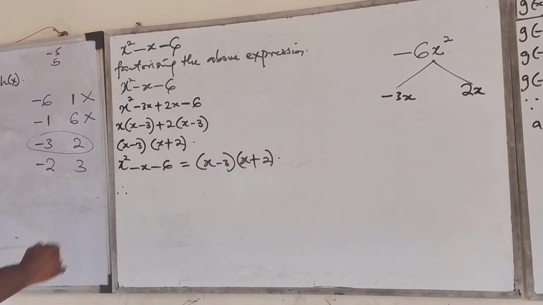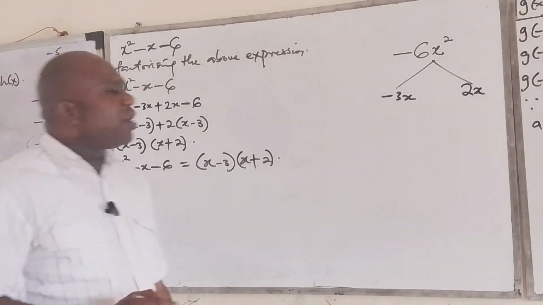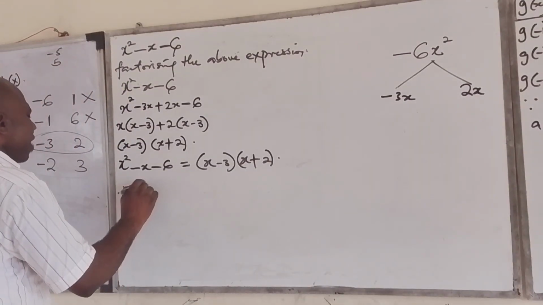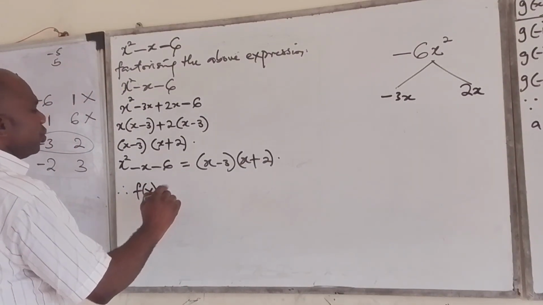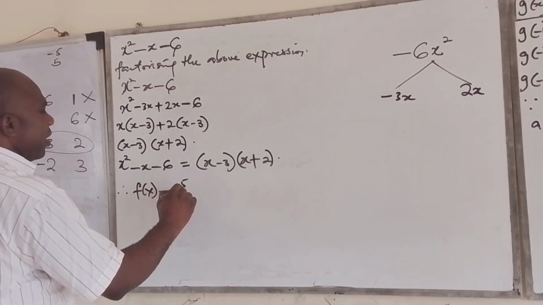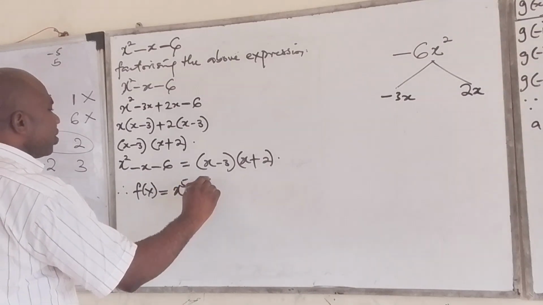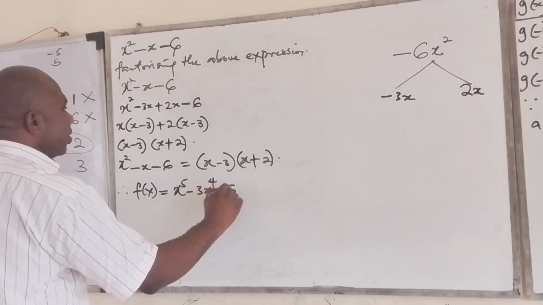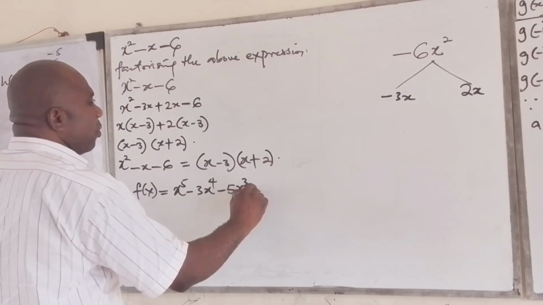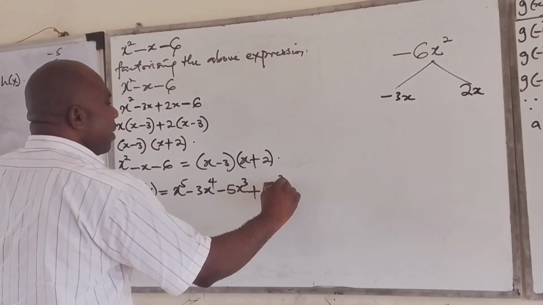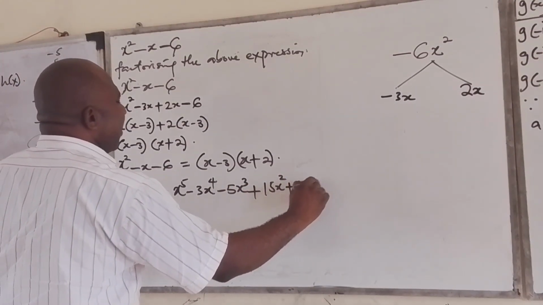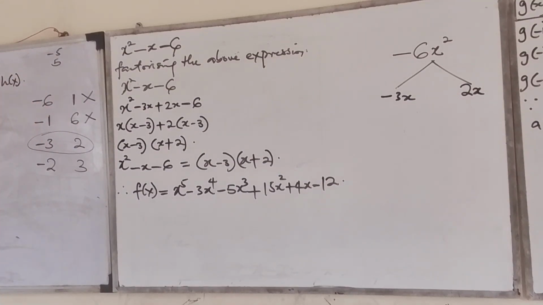Now, let's look at our f of x. Now, remember f of x is equal to x raised to the power of 5 minus 3x raised to the power of 4 minus 5x power 3 plus 15x squared plus 4x minus 12. Yes.